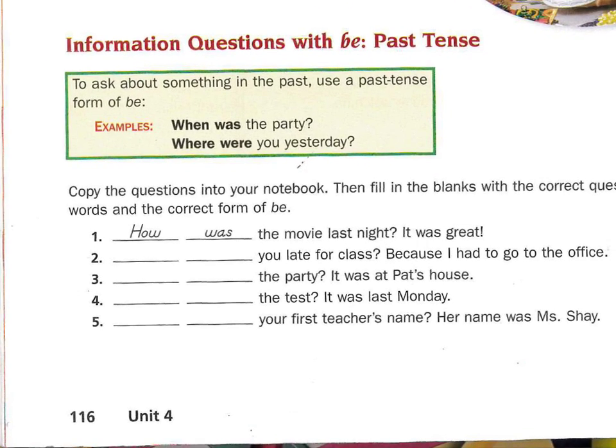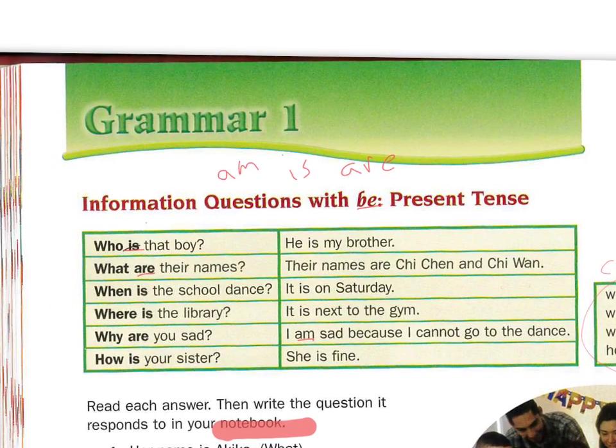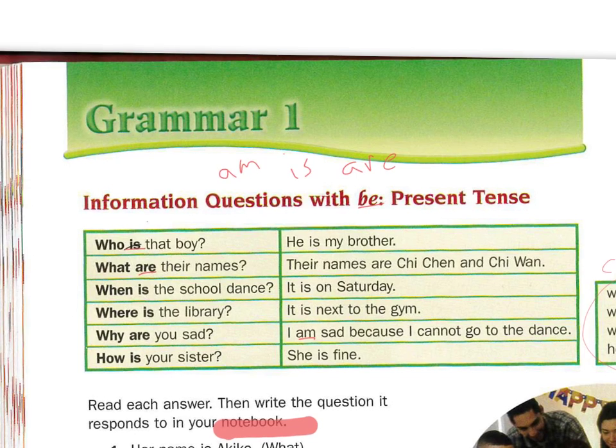Now the second part for Grammar 1. Information questions with be in the past tense. To ask about something in the past, use a past tense form of be. So the present tense of be is am, is, are.